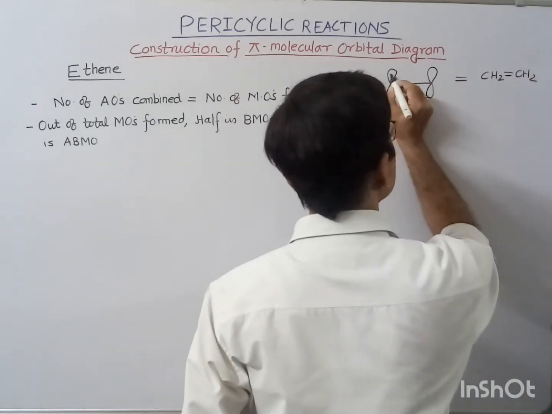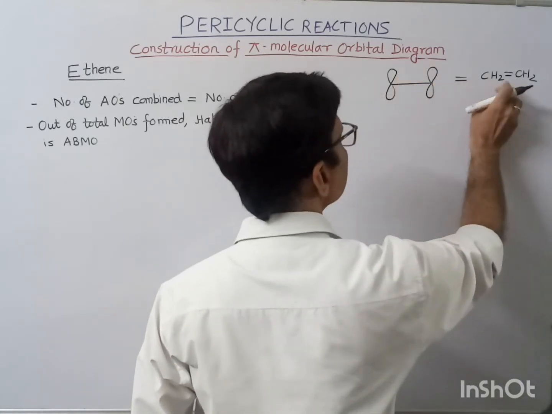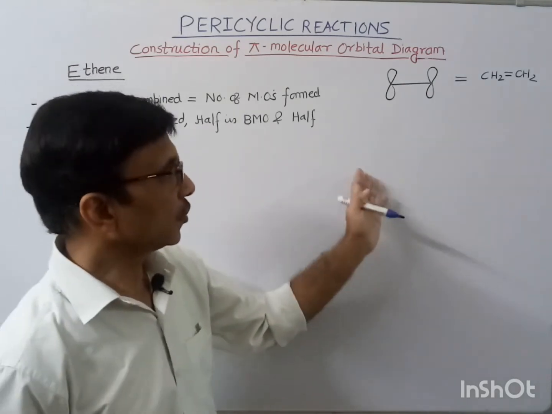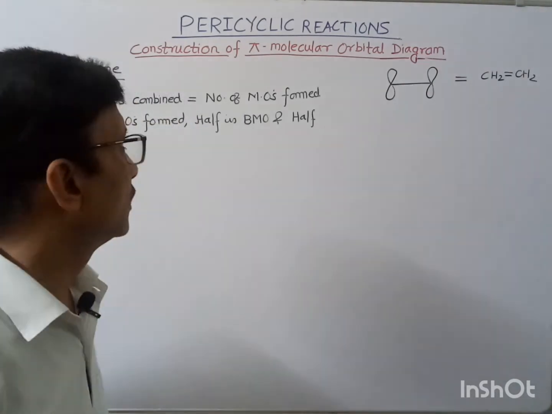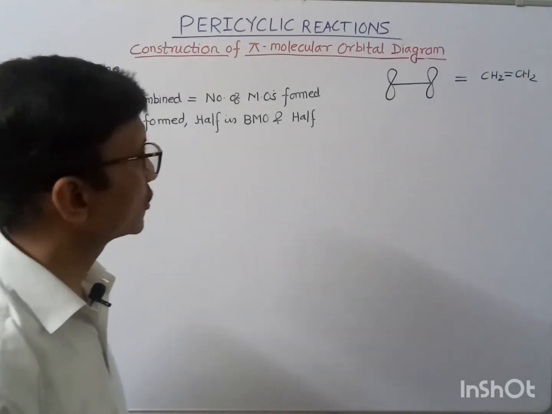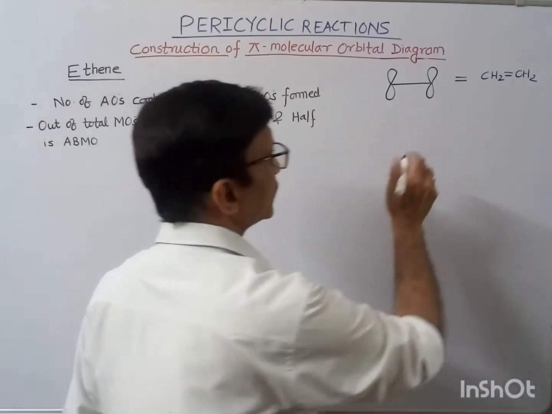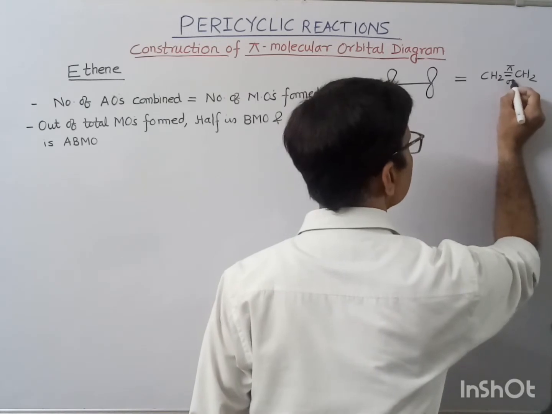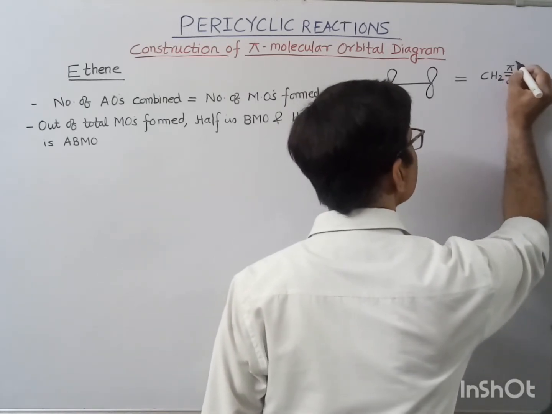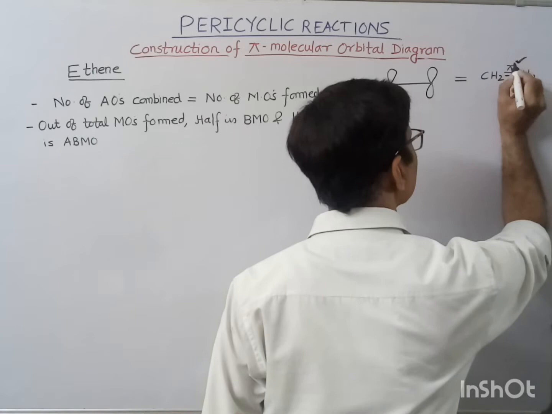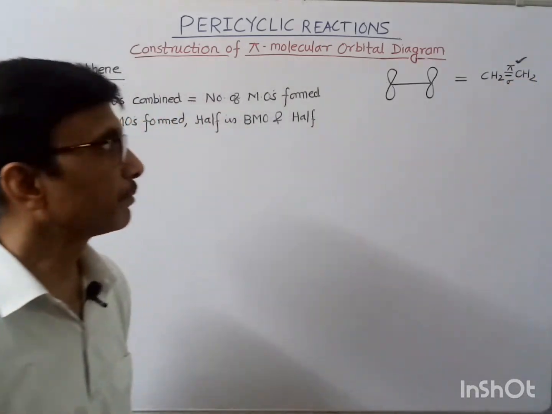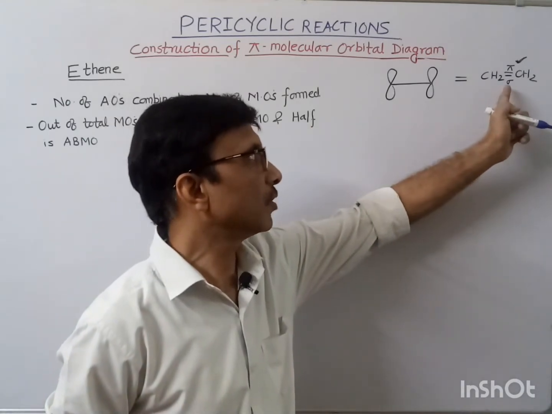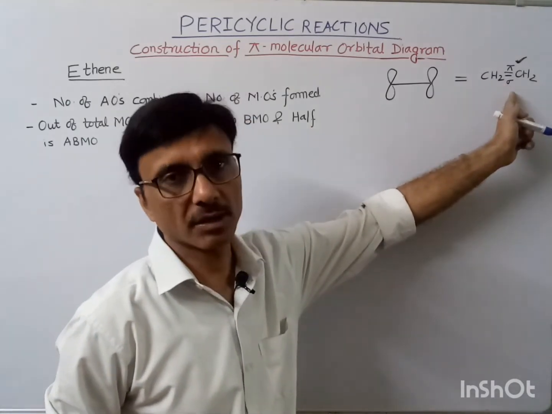I have drawn the p orbitals of ethene. Since this is the pi bond, and one of the bonds is the sigma bond, here we are only concerned with the molecular orbital diagram for this pi system, not with the molecular orbitals for the sigma bond.